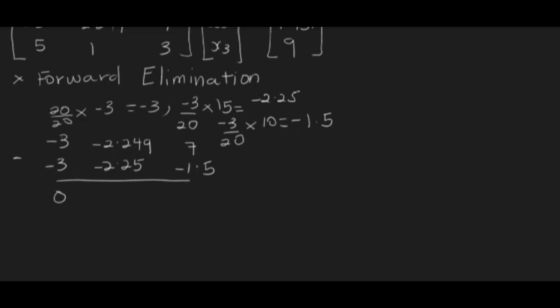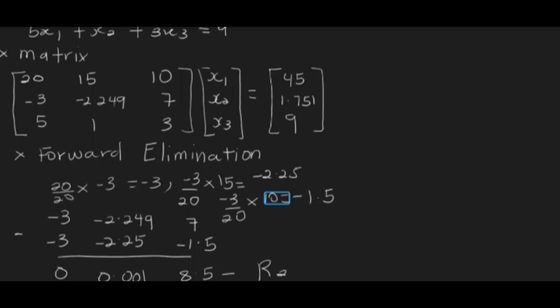Negative 2.25 minus negative 2.25, so it's going to be plus 2.25, which gives us 0. Then this one, I'm going to get 7 minus this, I'll get 8.5. So this is my new row 2 entries because I have eliminated my negative 3.